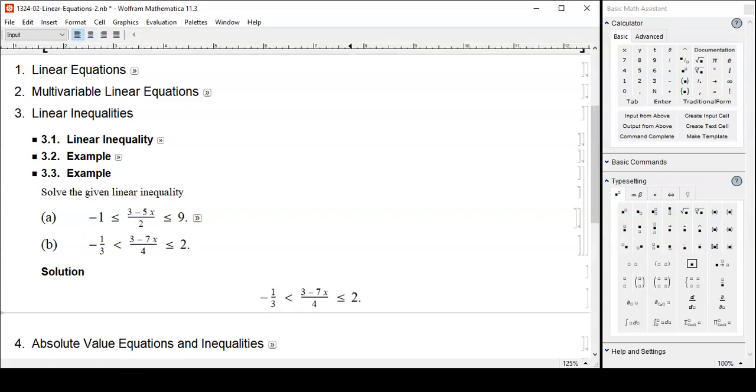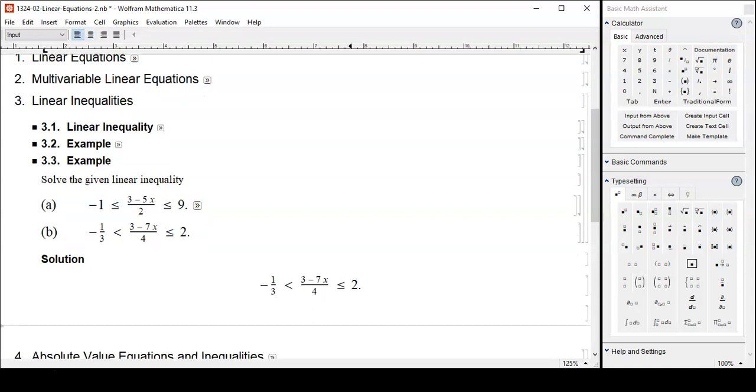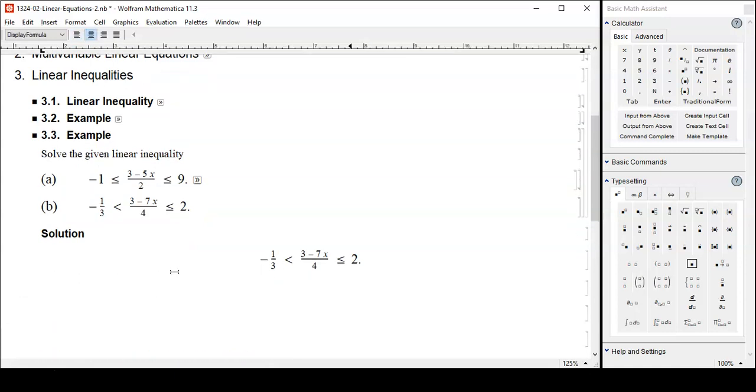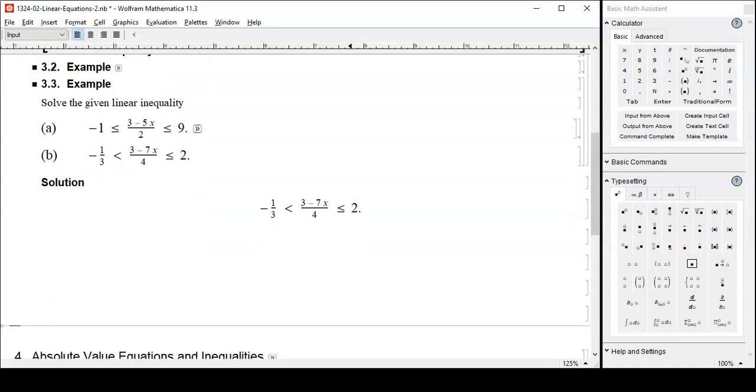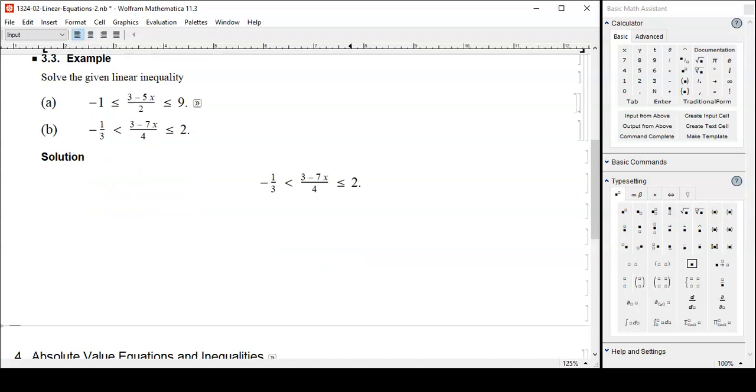Okay, here's the setup. Stop the playback and do it on your own. Let's see, all done? Okay, let's check.